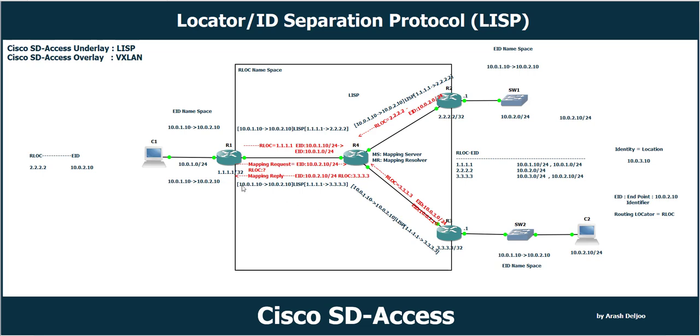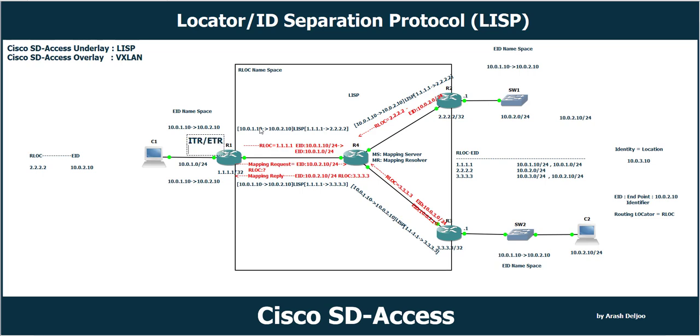After that, let me inform you that in this structure, R1, R2, and R3 can actually encapsulate and also de-encapsulate traffic. Because of that, in LISP terminology, we call them ITR and also ETR.